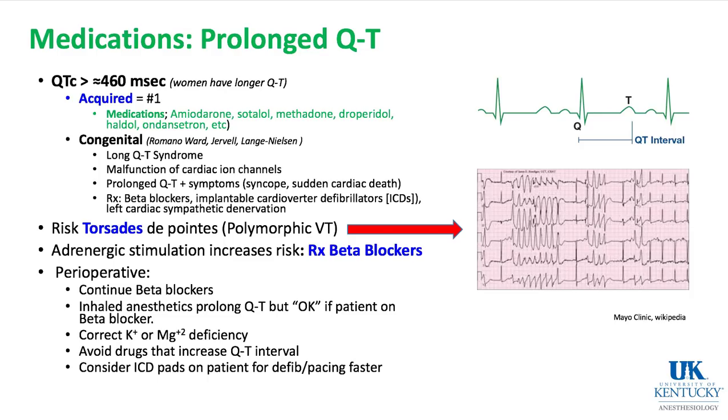Inhaled anesthetics actually prolong the QT, but it appears to be okay if a patient's already on beta blockers to use an inhaled anesthetic in the perioperative period, but we often use a TIVA in these patients. Correct potassium and magnesium problems and avoid those drugs like antiemetics that increase the QT interval, and realize that they are at risk, these patients with prolonged QT interval, for dysrhythmias like torsades.